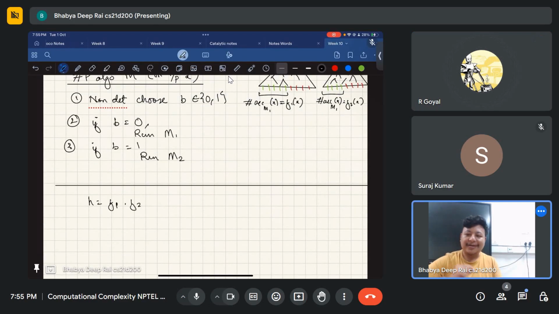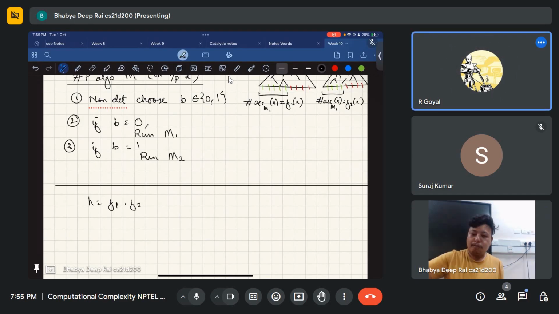So similar logic. Can you think of why? Probably I will go for some serial combination instead of the parallel one. Oh, you're right.